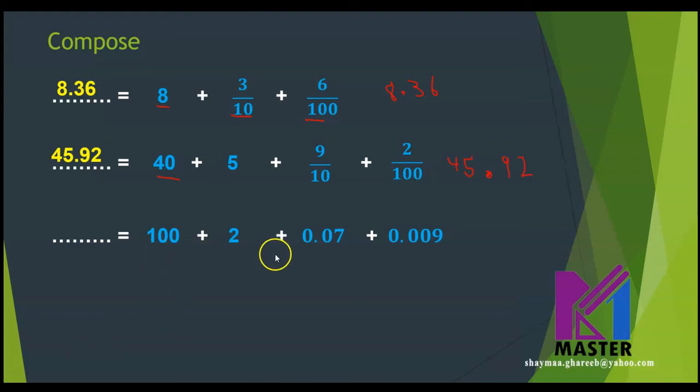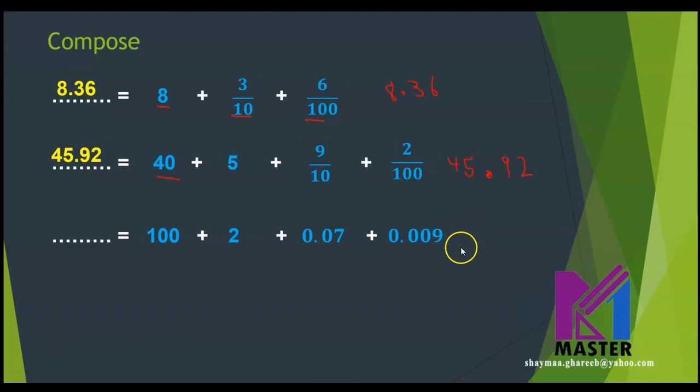Do I have any tenths here in this number? No, I don't have any tenths. I only have 2, which is 2 ones. And I have 7 hundredths. And I have 9 thousandths.